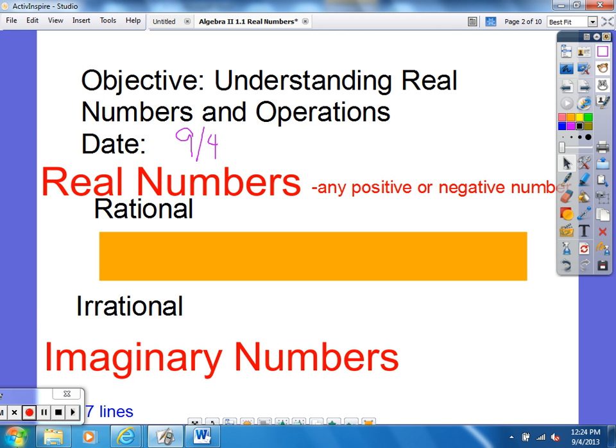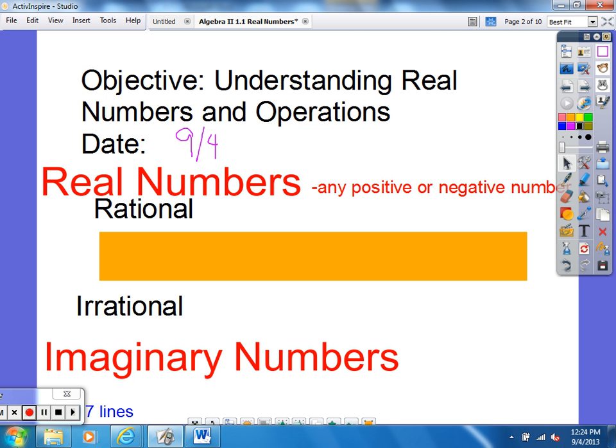Even number? Okay, they could be even. Just so you know, they could be odd. They could be numbers without decimals, or they could have decimals. They could be positive, or they could be negative.